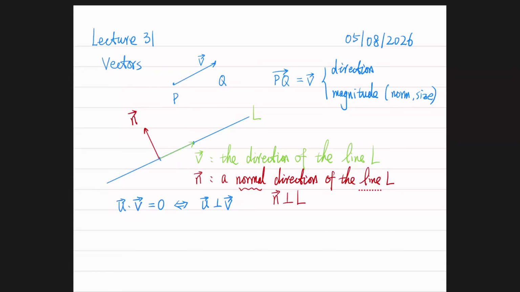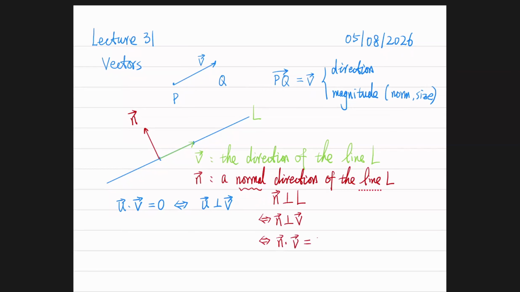Okay, so this is the same as the perpendicular to the direction of the line. The same as the dot product is 0.